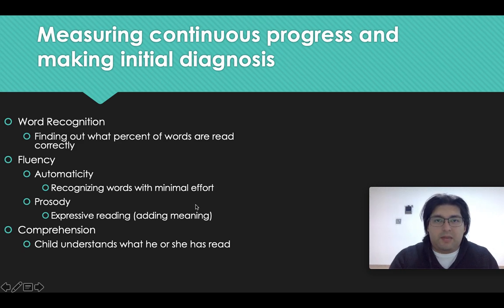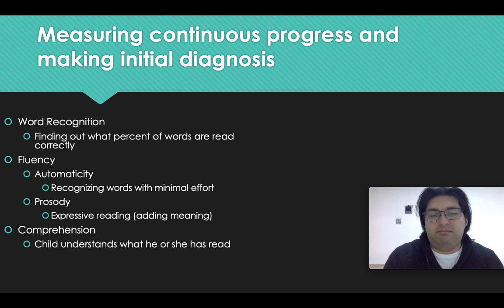And then, of course, comprehension. Does the child comprehend what they had just read? That can be done simply by taking the text away and asking, okay, what did you just read? That can go on a sliding scale of 1 to 6. 1 being they had no idea what they just read, maybe they got a name and that's about it, and 6 being they were able to give a detailed recall of what they had just read.